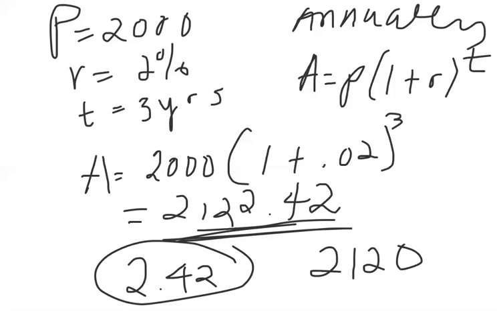Just how many times a year the interest is being compounded, just the compounding frequencies, guys, okay? When you compound the interest, you're not calculating the interest just on the principal, you're also calculating on any interest you've earned. Because of the compounding effect, this money has just earned you an additional $2.42.